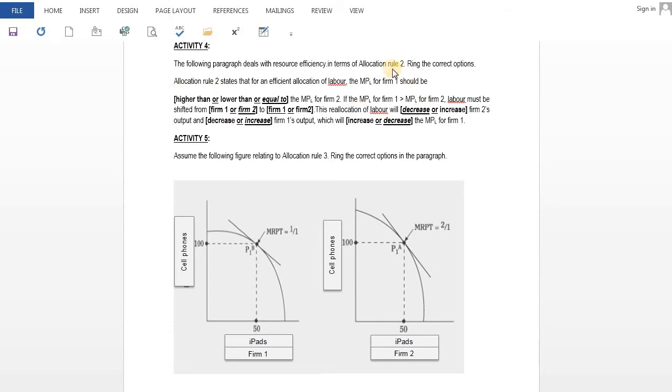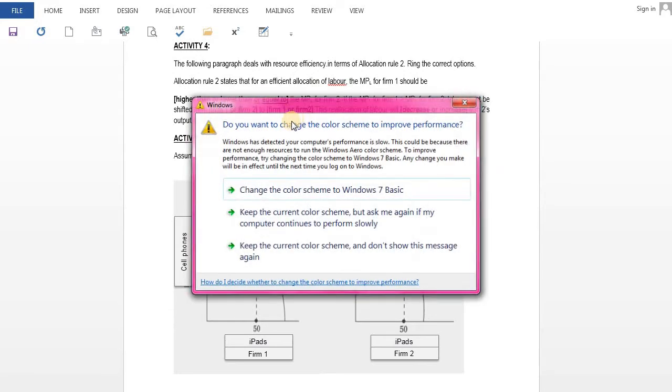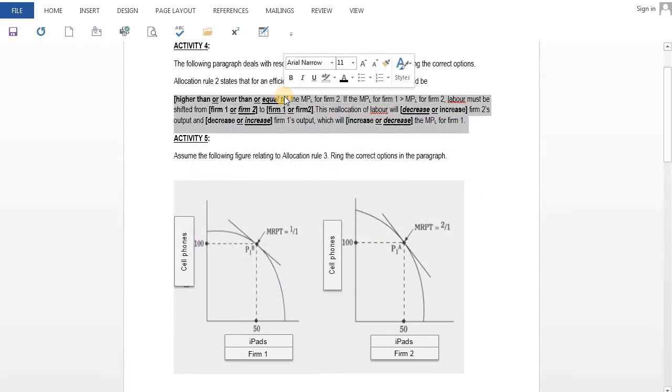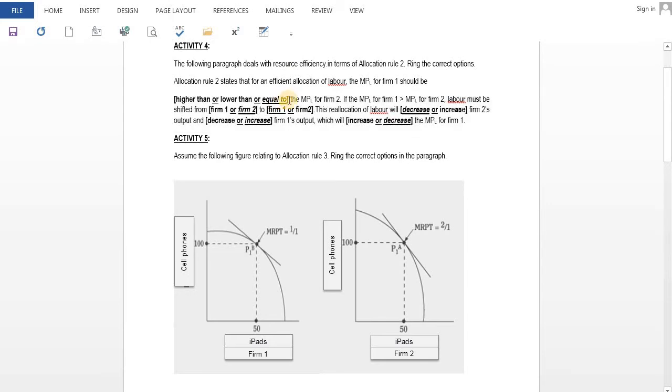So allocation rule 2 states that for an efficient allocation of labor, the marginal product of labor for firm 1 should be equal to the marginal product of labor for firm 2, right? That's just what the MPL stipulates.